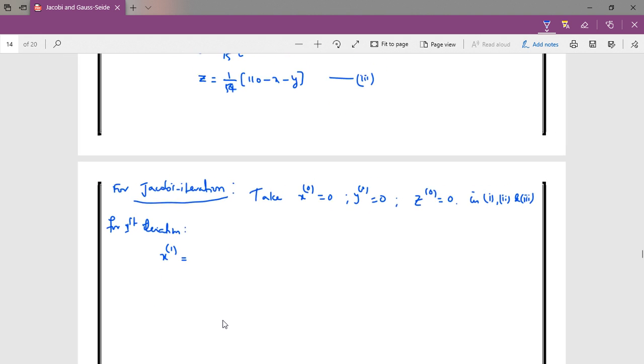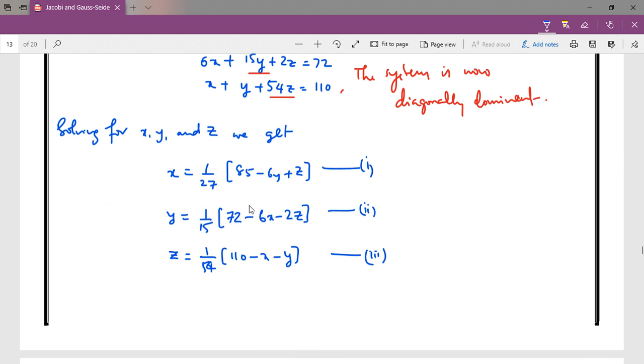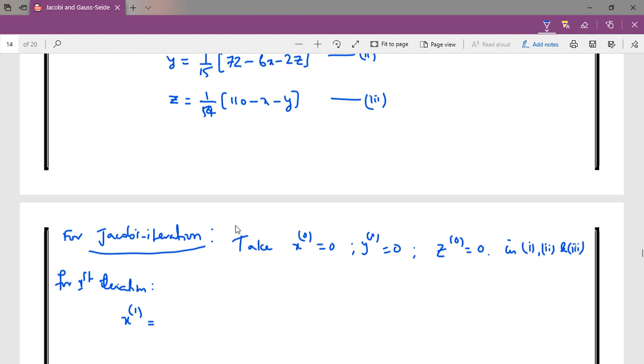So x1 is 1 by 27 into 85 minus 6 into 0, because y0 is 0 and z0 is 0. So 85 by 27 gives you 3.1485.